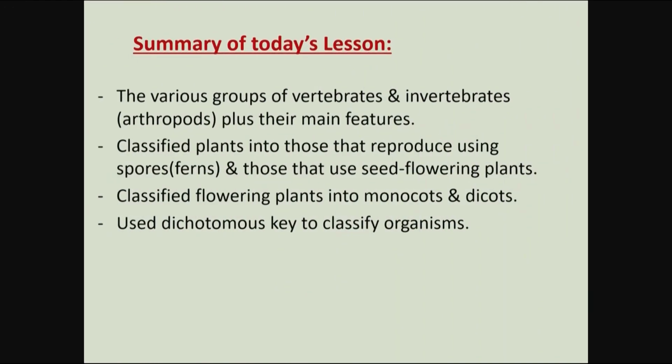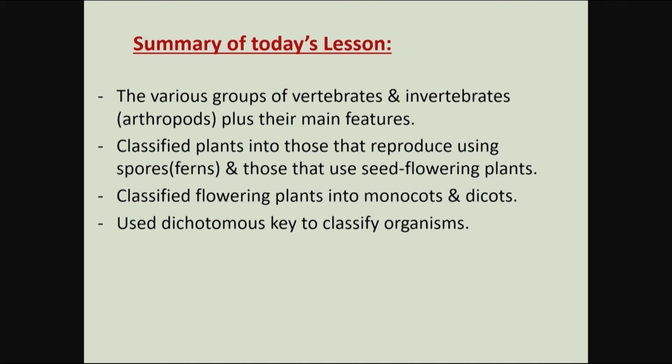Now, to summarize today's lesson, we've looked at the various groups of vertebrates and invertebrates, and also we have tried to classify plants into those that reproduce using spores, like the fern plants, and those that reproduce using seeds, like the flowering plants.